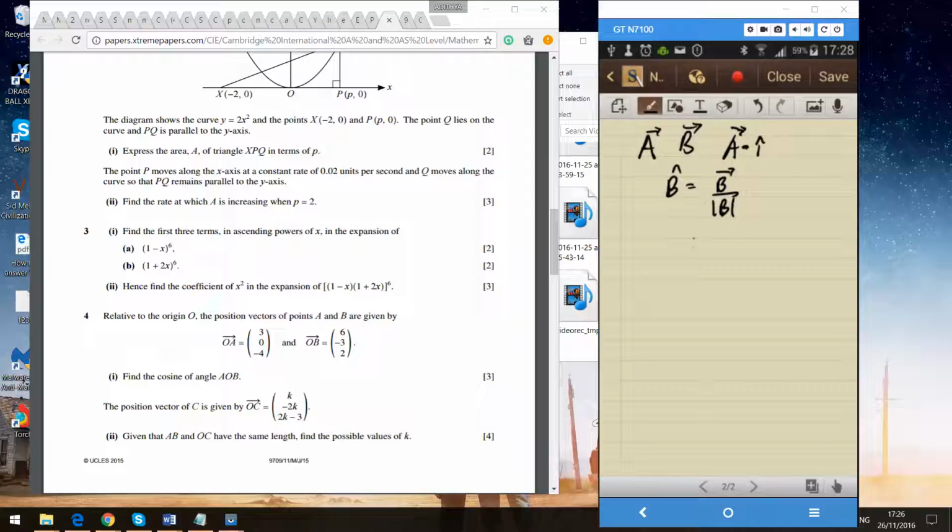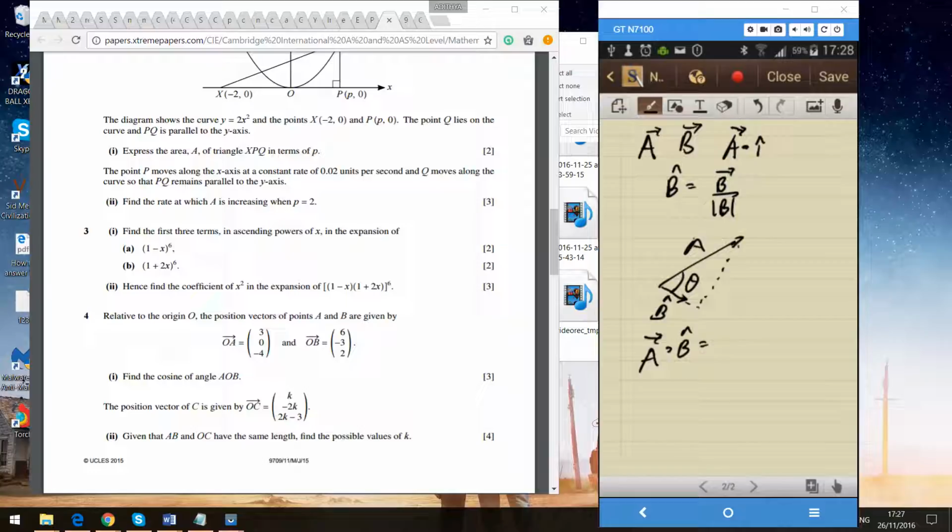So if you have a vector A and a unit vector B hat, and you take the dot product, multiplying A by B hat gives the length of A in the direction of B hat.